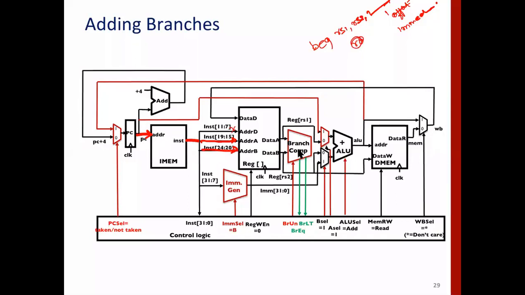Although a value will come here, it will not be considered. RS1 and RS2 values come out here, and we are doing the comparison here. Based on this, these control signals are generated. So BR EQ will now become 1.